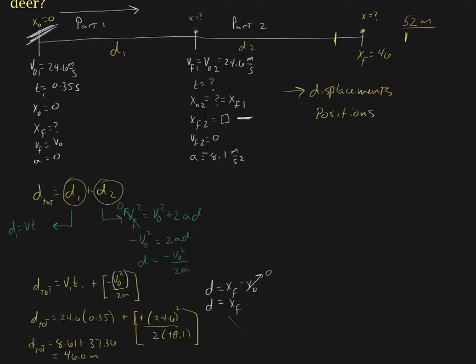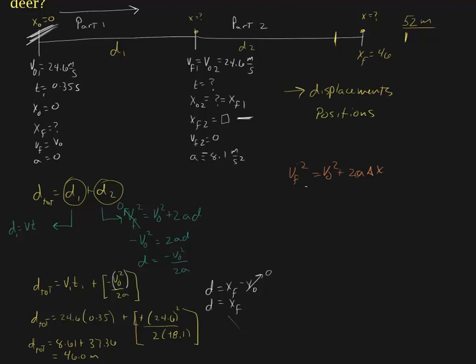So we get V final squared is equal to V initial squared plus 2AD. Actually, we should write that as 2A delta X because we're dealing with positions.